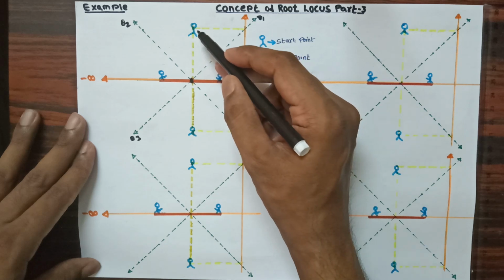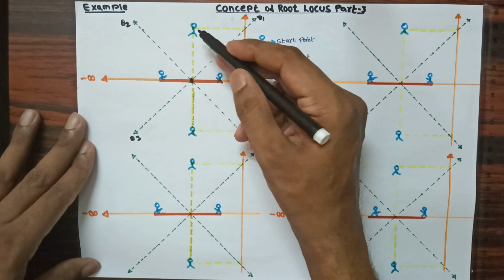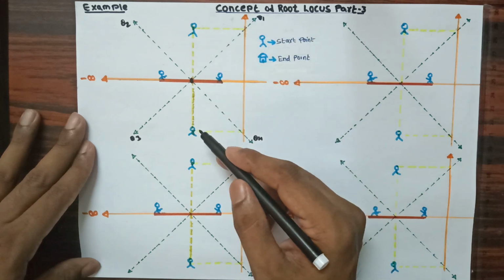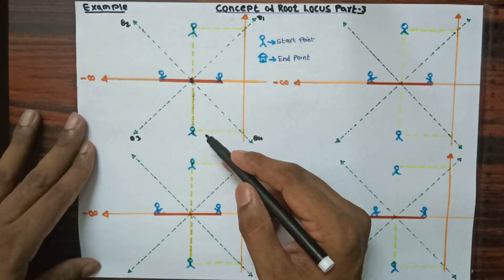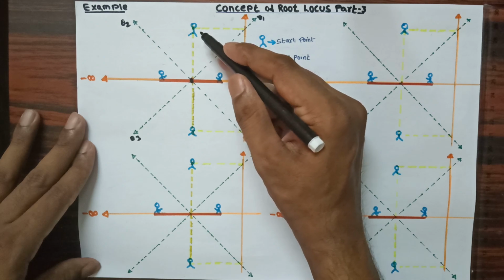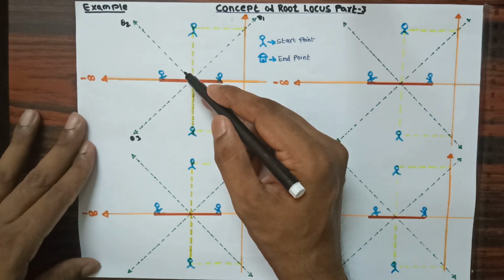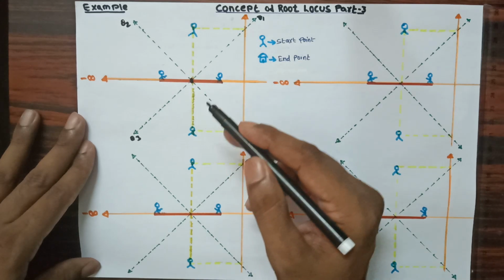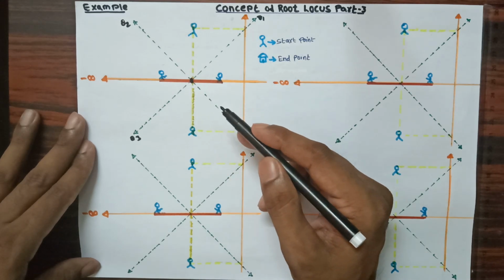The angle at which they start on the y-axis, that angle we call the angle of departure. Remember, whenever the person is on the y-axis, they need to start with an angle of departure, and then to move towards the infinite destination they need to follow the angle of asymptotes. This is the point you need to make a note of.